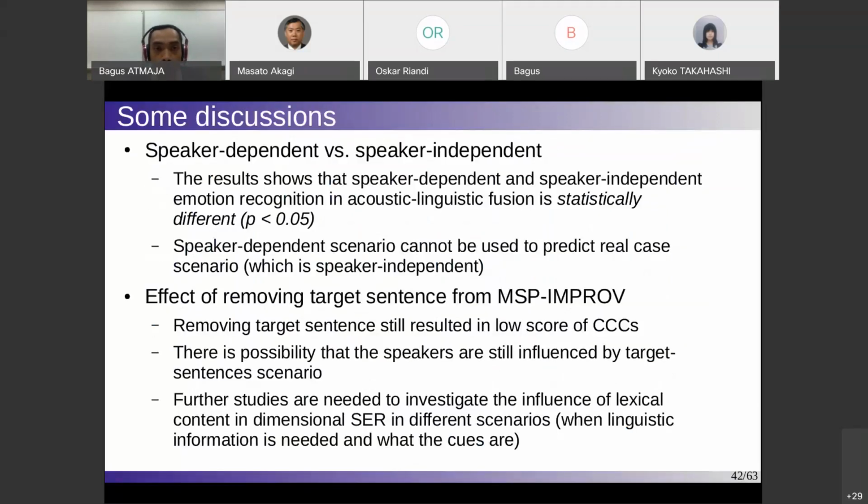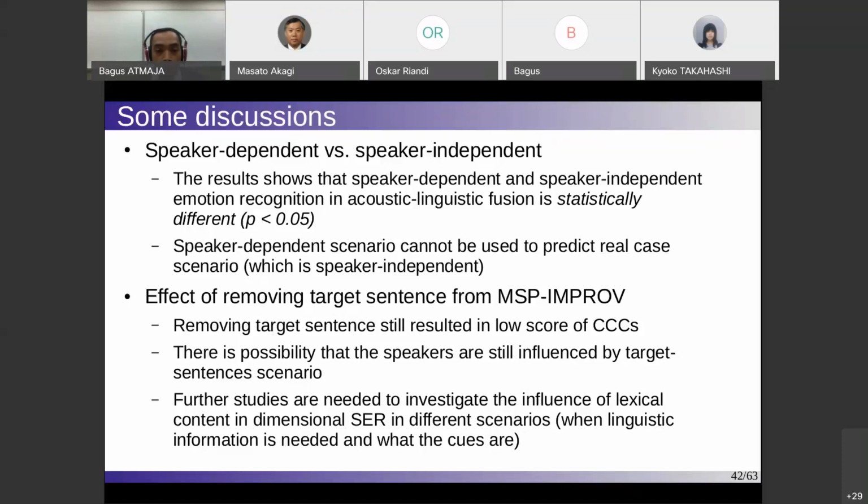And there is some discussion here. The first is the significant difference between speaker dependent and speaker independent, so we cannot use speaker dependent to judge the performance of emotion recognition. In the future, it is encouraged to use speaker independent, because in real cases it is very much speaker independent. The next is the effect of removing the target sentence. Although we already removed it, we still observe a low valence score in the speaker independent scenario in the MSP dataset.